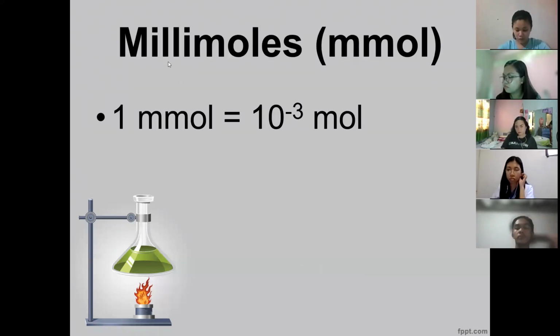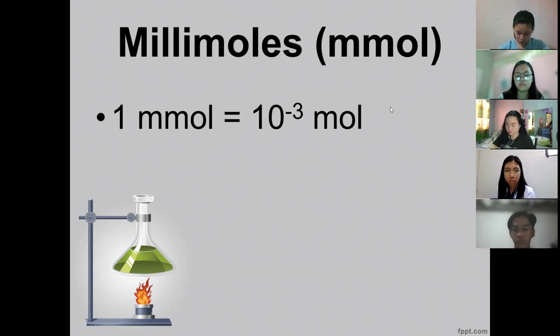Okay, now let's move on to the conversion of moles and millimoles. Again, this is for the conversion of moles and millimoles. Kasi sometimes you can see in the label of our chemicals or even our products in the market, minsan yung kanilang label or yung kanilang unit na ginagamit instead of mole, it is millimoles.